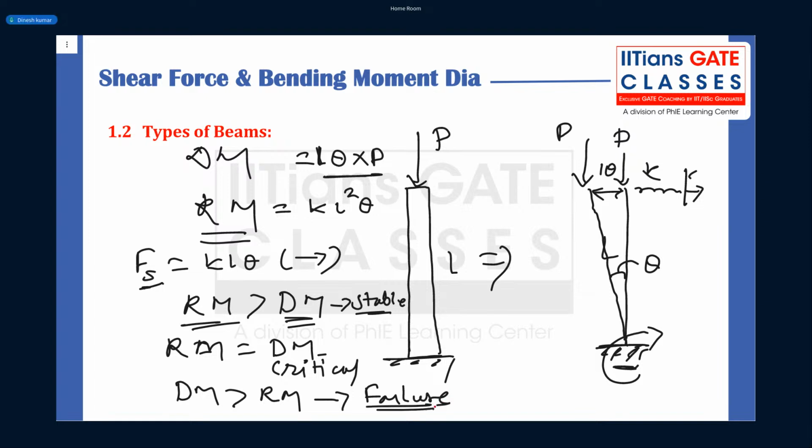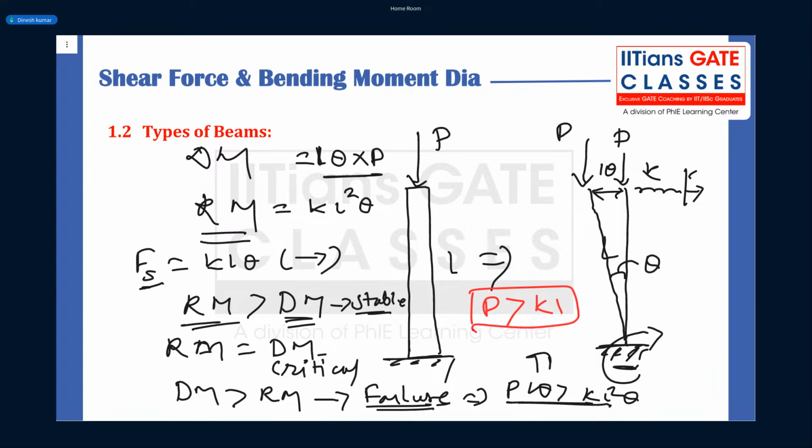So Dm greater than Rm means what? From here, you see, guys, PL theta is greater than KL square theta. So from this, your P is greater than KL.